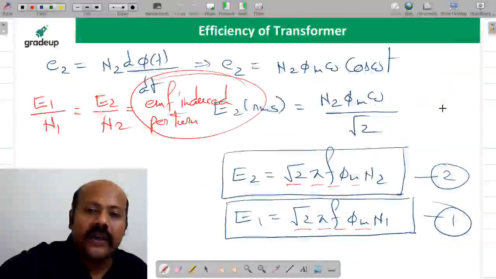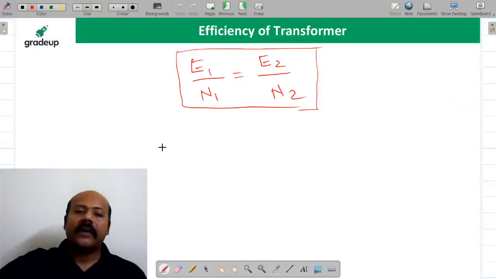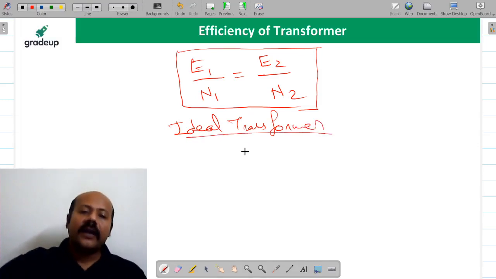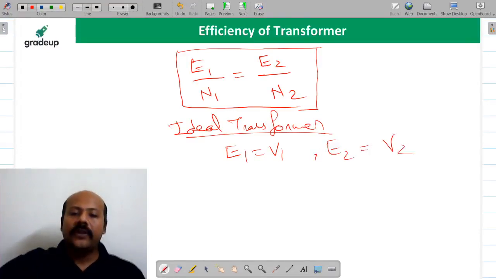So very easily you can write, for an ideal transformer, E1 is equal to V1 and E2 is equal to V2.